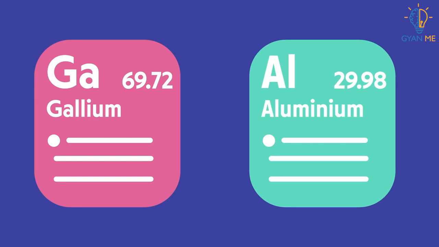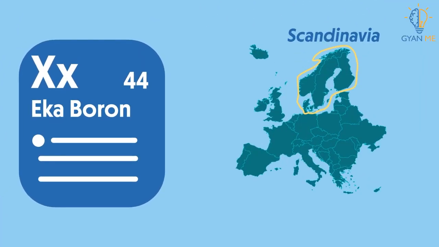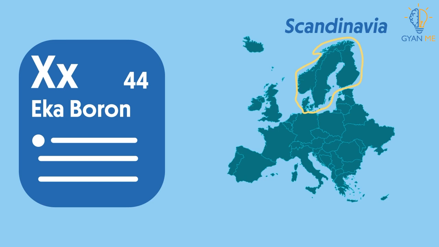In fact, the atomic mass predicted by Mendeleev was also correct. That is 68, which is by far the most accurate. As we know today, its weight is 69.72.